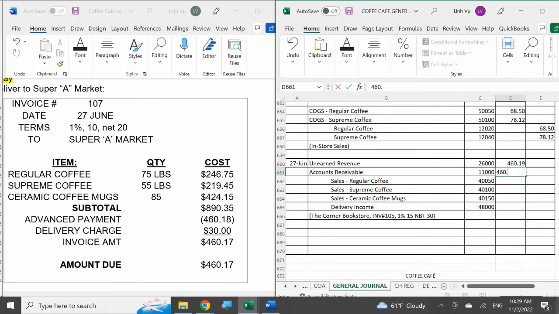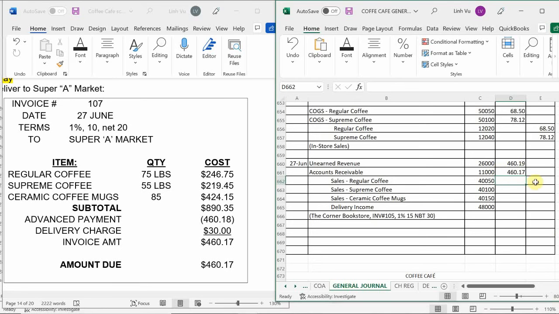I'm talking about the account, the down payment. It's 890.35. That's what they owe me in grand total. So the unearned revenue or the advance payment was for $460.18. They owe me 460.17. It was a 50% down payment.